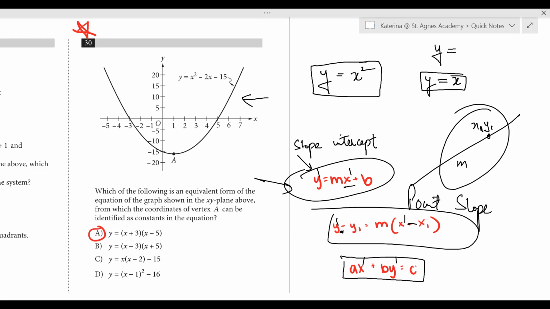Right now, if you want to have some standard equation of the parabola, it's ax squared plus bx plus c.